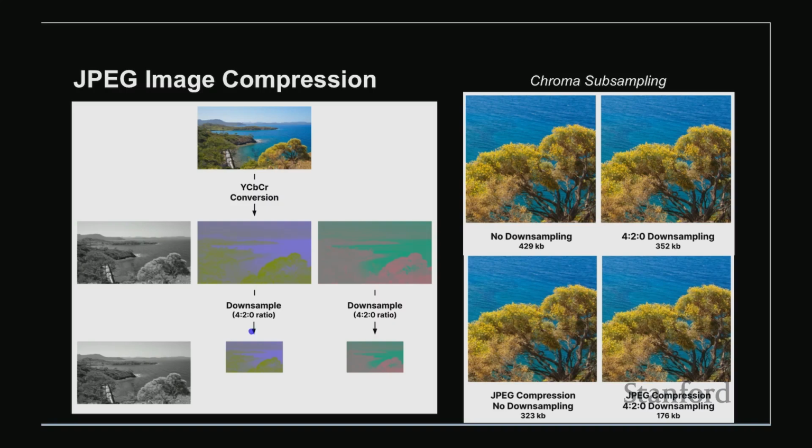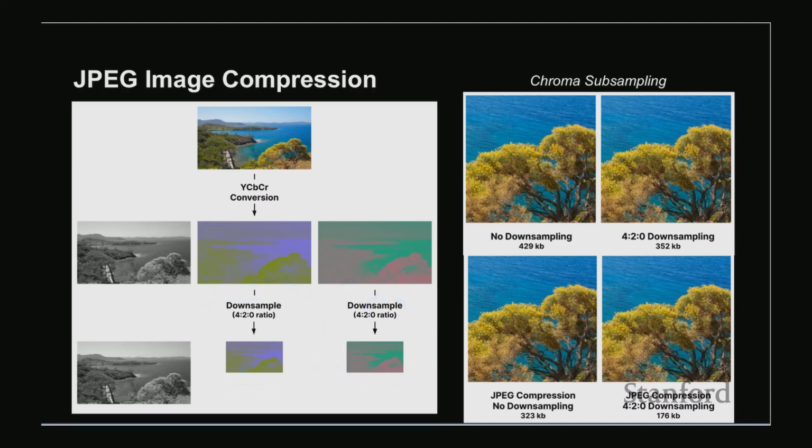We're going to talk about what this 420 means in the human vision lecture, because a lot of these ideas are derived from how human vision works. But this is essentially the idea of chroma subsampling. First you convert it into YUV, and then you do more subsampling for UV than Y.